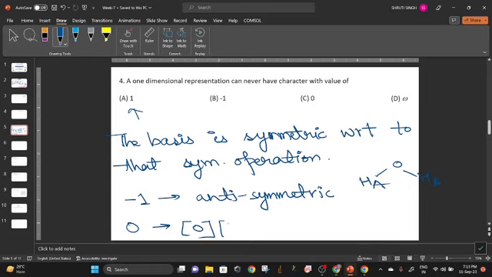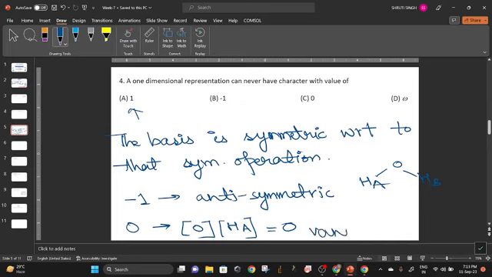Suppose my basis is Ha. I cannot take Hb here because this is only one-dimensional. So if I multiply these two, the answer will become 0. It means that on applying that symmetry operation, the atom goes away or vanishes.